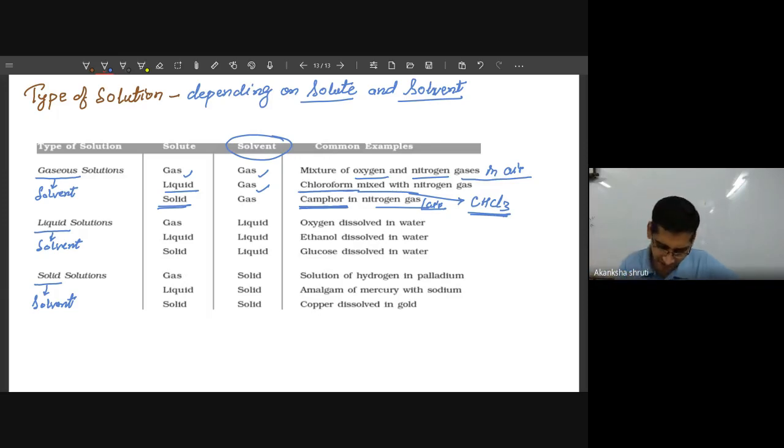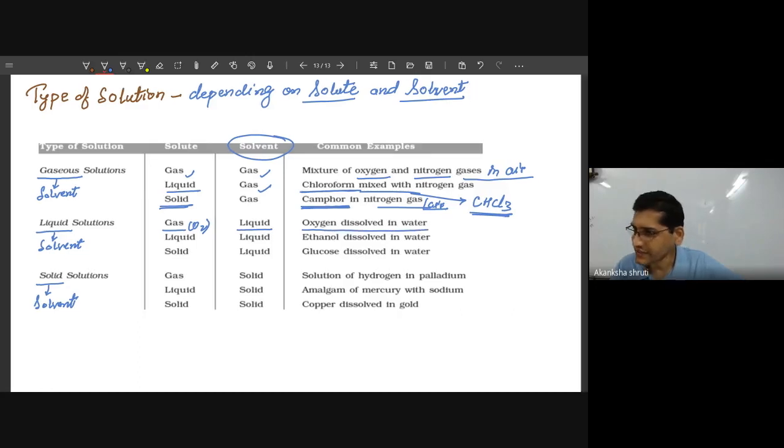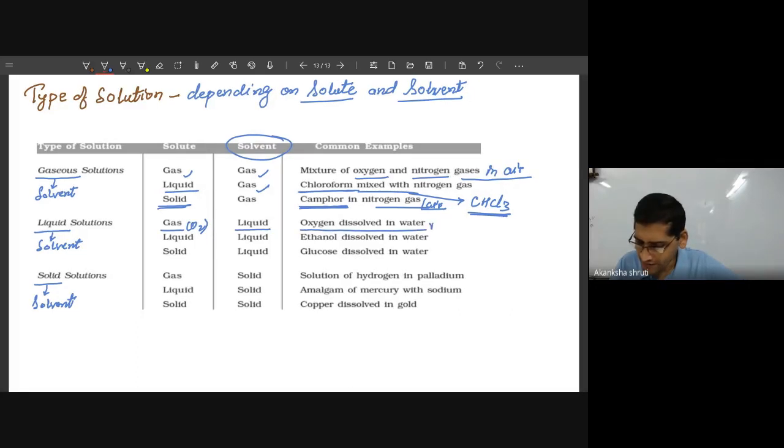So the solute, which is present in lesser amount, is the air or oxygen. So this gas, say oxygen or air, is dissolved in liquid water. Say oxygen dissolved in water. This is the most important example that you have to keep in mind.